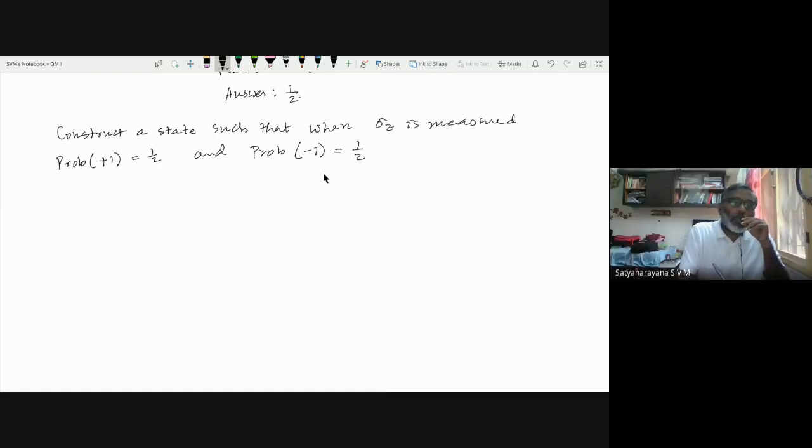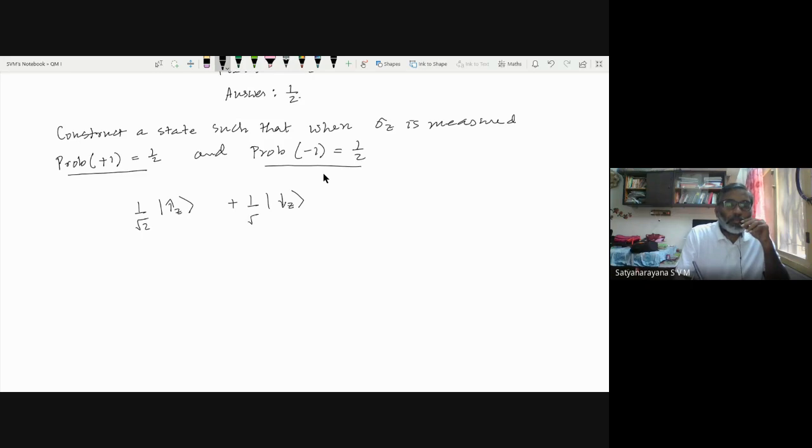Because when probabilities are given, you know that up z plus down z both should be there, with 1 by root 2 and 1 by root 2.